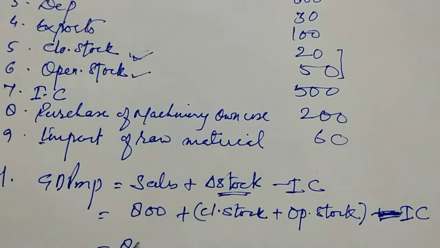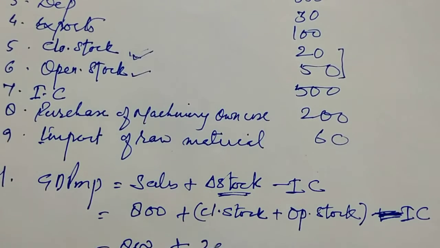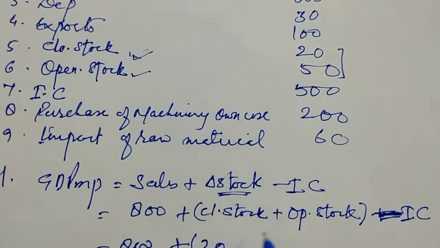So 800 as it is plus closing stock, amount of closing stock is 20, under bracket, closing minus opening stock.